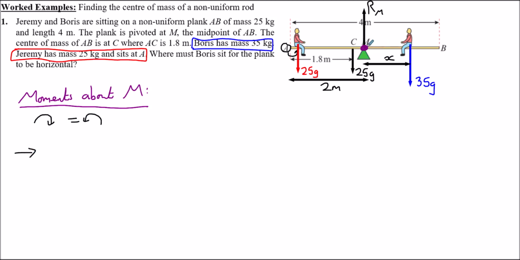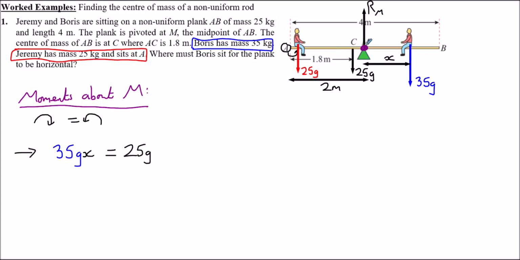Relative to M, going clockwise will be the moment due to Boris's weight, which is the magnitude of Boris's weight, 35g, multiplied by the distance of its line of action from M, which is x. So 35gx. Now the force due to the weight of the plank is going to act anti-clockwise, as is the moment due to Jeremy's weight. So these two are acting anti-clockwise. So this moment will equal 25g, the force due to the weight of the plank.